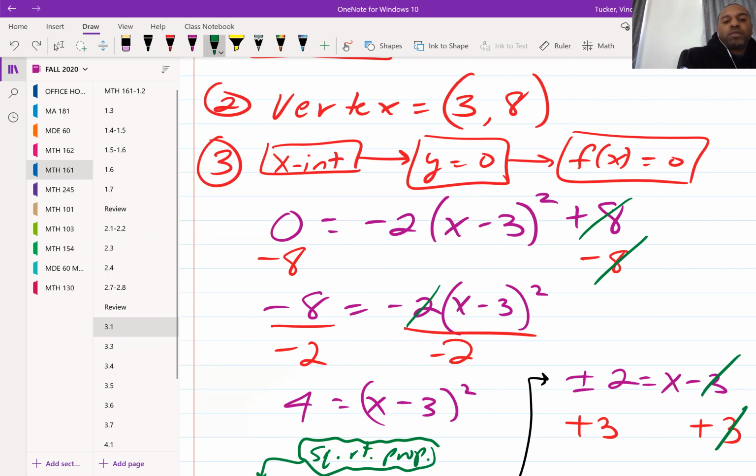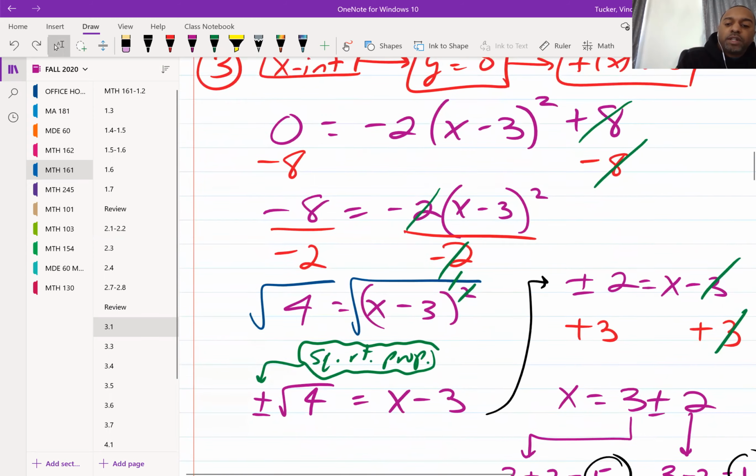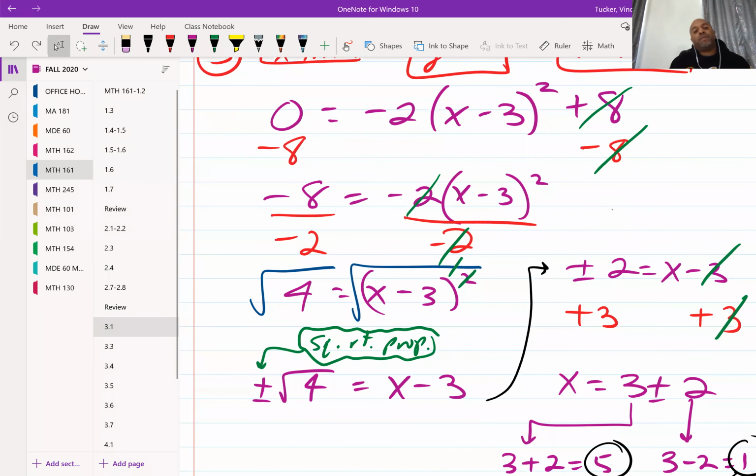Now we're going to take the square root of both sides to get the square off. And don't forget the square root property. Whenever you take the square root of both sides, on the opposite side of your cancellation, you have to do plus or minus. So that's plus or minus square root of 4 equal to x minus 3.